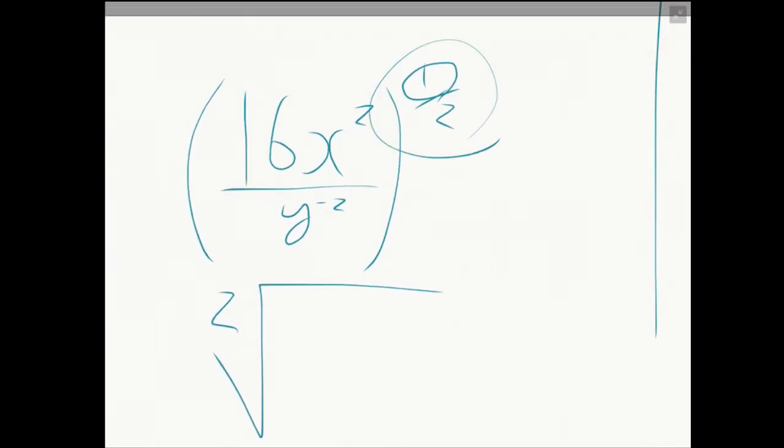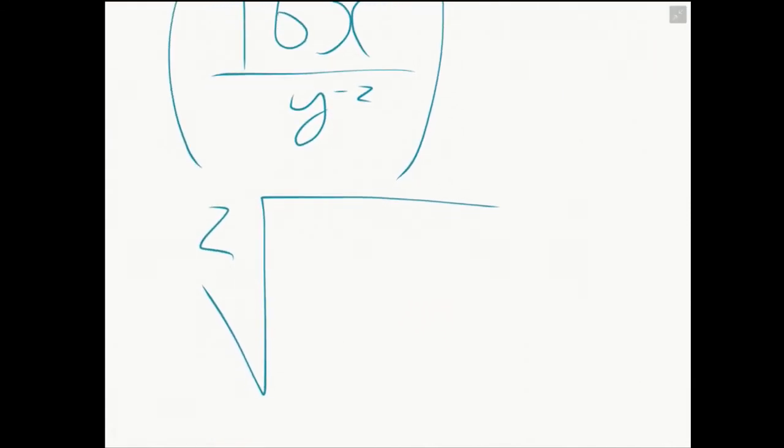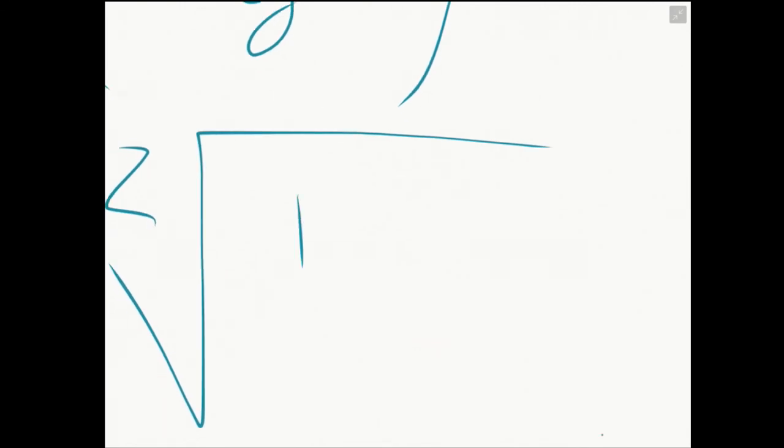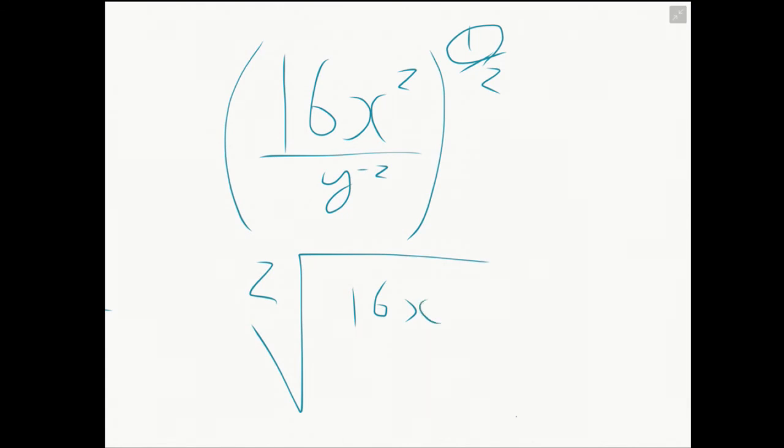So actually another way of writing this would just be the square root. Now, as seen above, we have 16x squared over y to the negative 2.